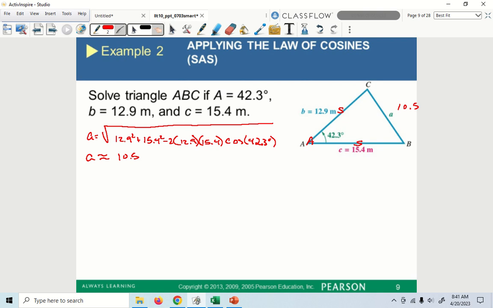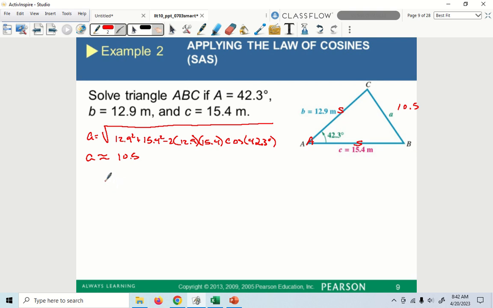Okay, go ahead. So if we're going to use this right here, that means that we're missing... So now we have a pair. So we have big A and little a. So we can solve for either big B or big C. So I'm going to start with, let's go with big B. Why not?